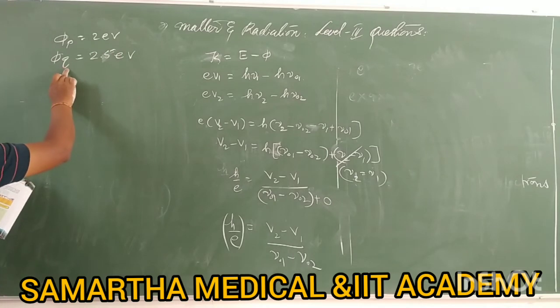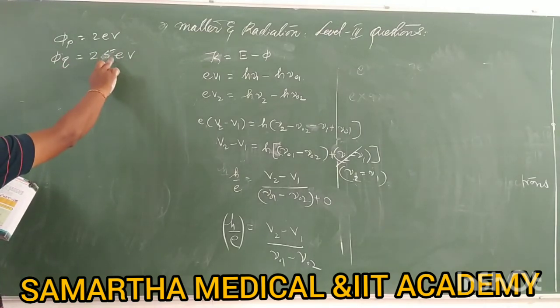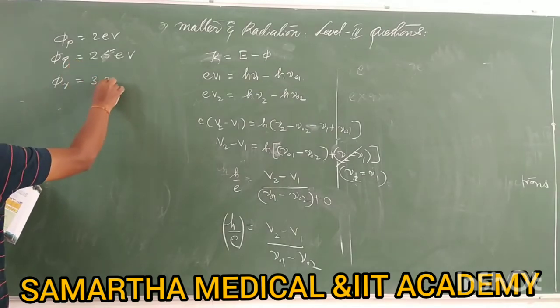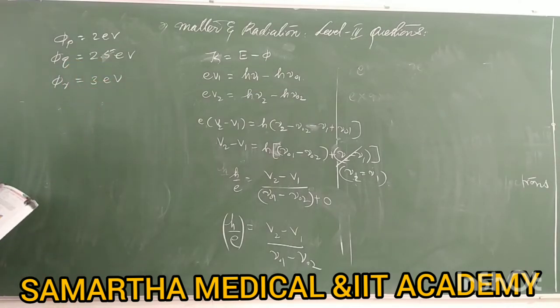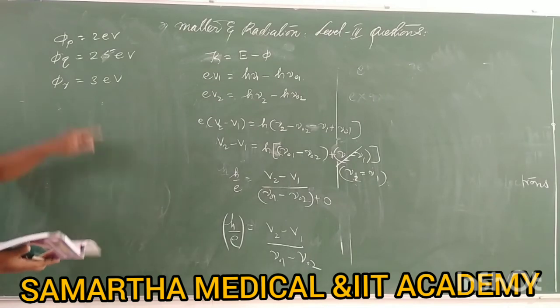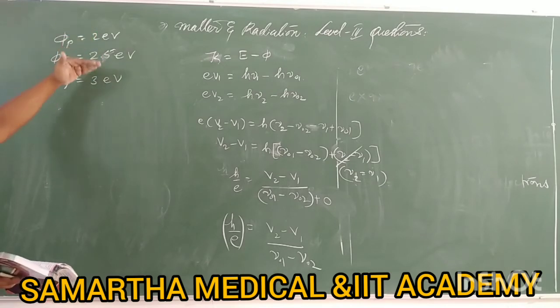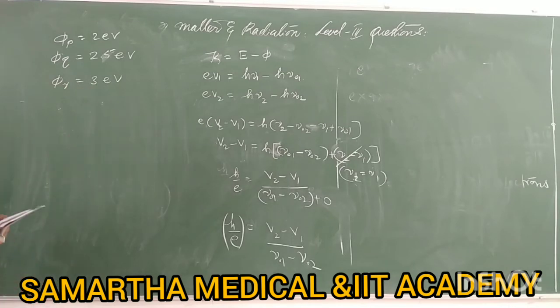The next metal has a little more work function than the first metal, and the next has a greater work function than this. It means the threshold frequency for this is higher than this. As the work function increases, the threshold frequency also increases.